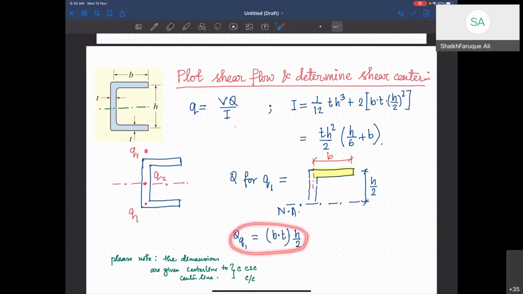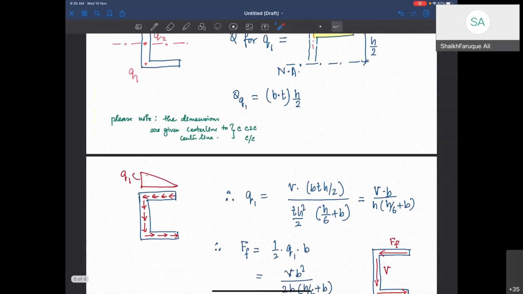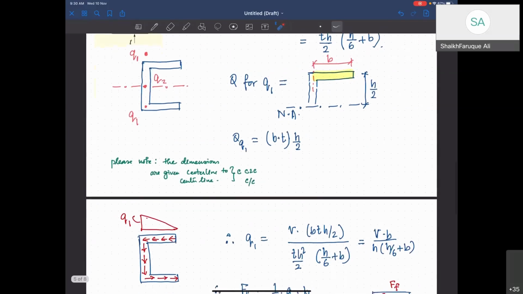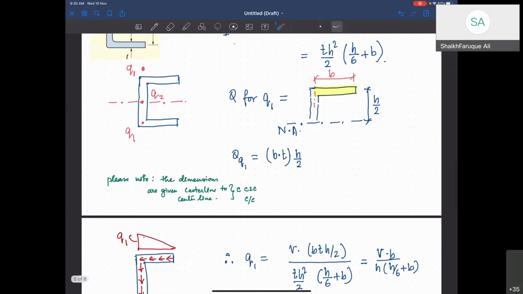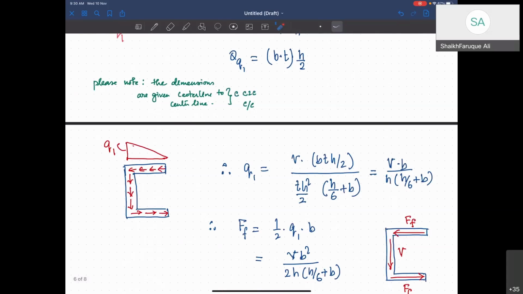So Q for q1 is b t into h by 2. So q is going to be V, the shear force at that location, times b t h by 2, and then divided by I. And I is t h squared by, that is also found.